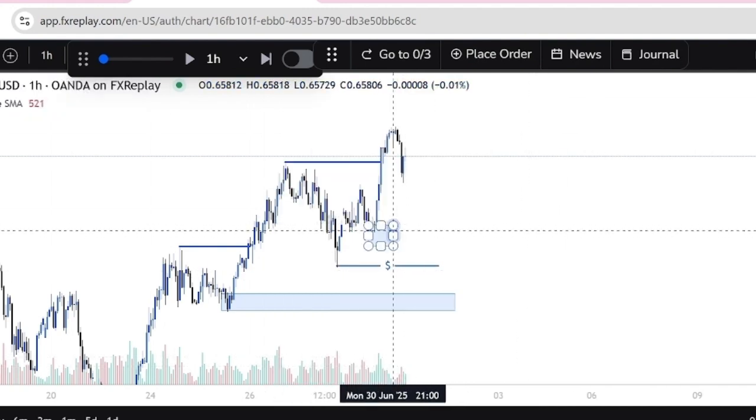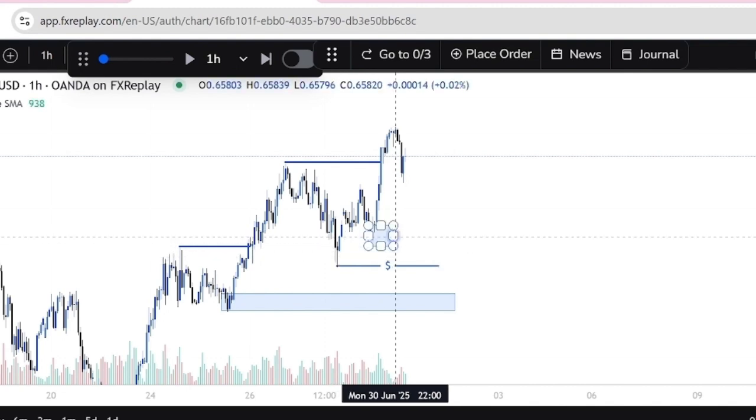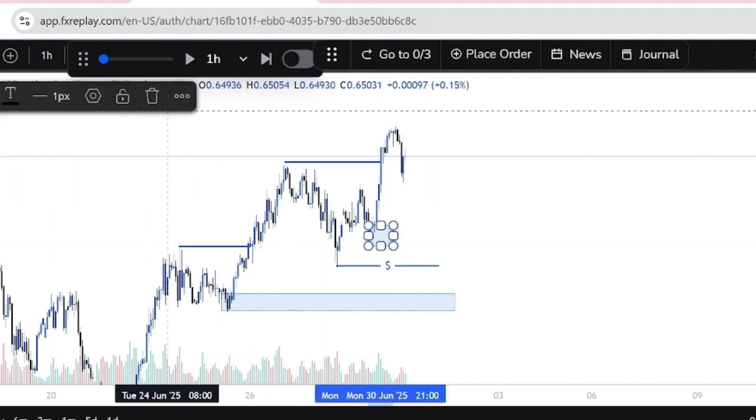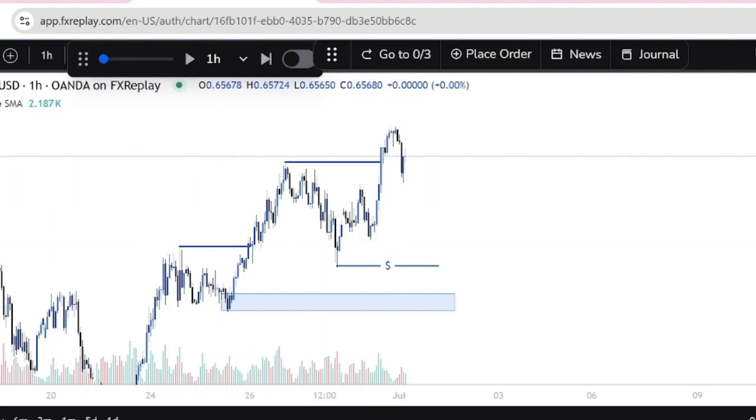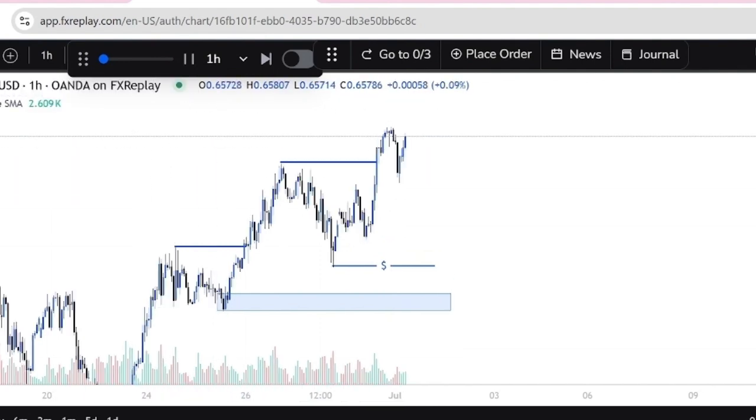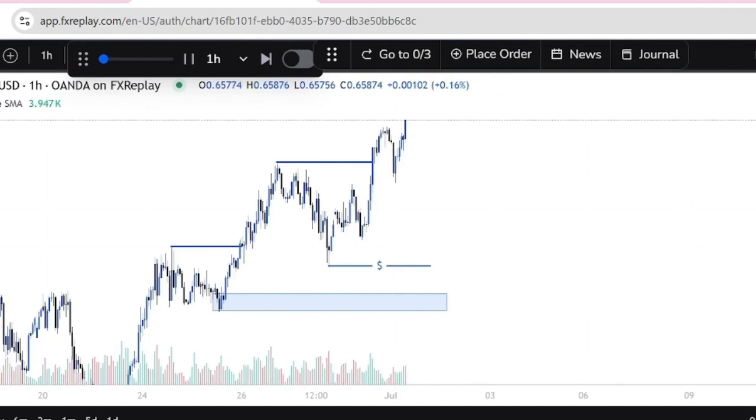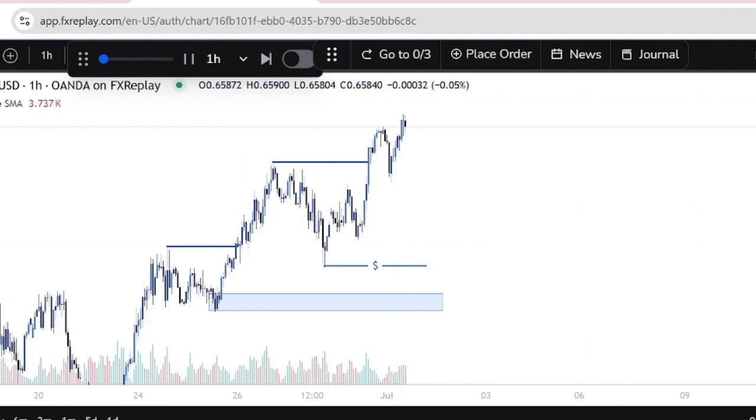I will take out this one, but let's replay the chart and see what we'll have. If you look at it, you'll see that this zone is already taken out, but still let's see what the chart will give to us. So you see the price playing forward.